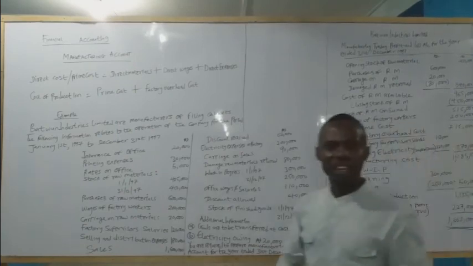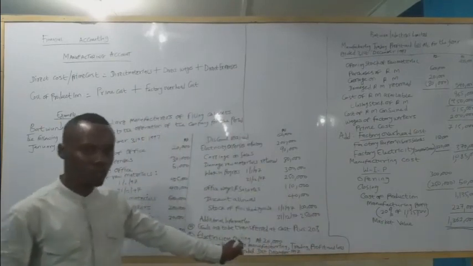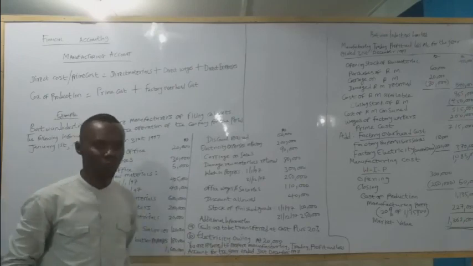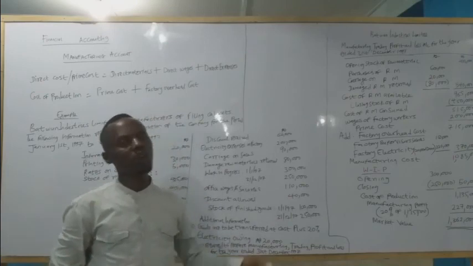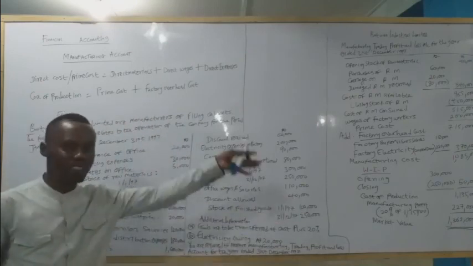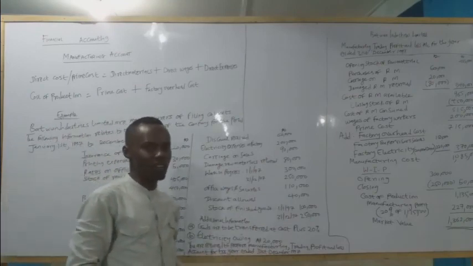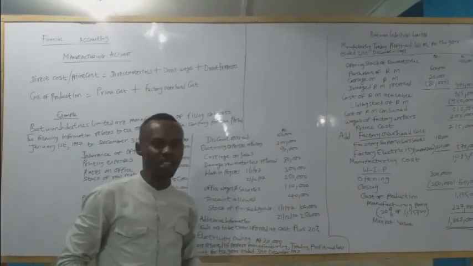So this is the end of our manufacturing account, when the cost of production is charged to the selling unit at a cost plus a percentage. So the manufacturing value is what we now carry to the trading profit and loss account in place of purchases. So instead of having purchases, we have our manufacturing value in its place.